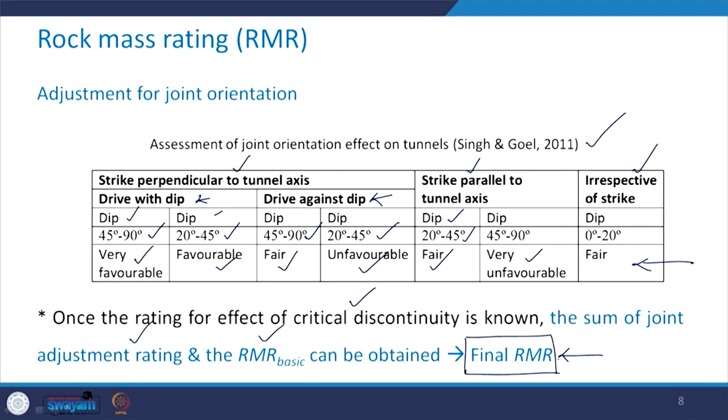As far as RMR basic is concerned, there is no problem. We just have to add the rating corresponding to each of those 5 parameters. For the adjustment of the joint orientation, first you need to find out whether the joints are favorably or unfavorably oriented with respect to the structure, and I just explained how this is done. Once you know the adjustment for the joint orientation, you add that adjustment rating to the RMR basic and you get the final value of RMR.